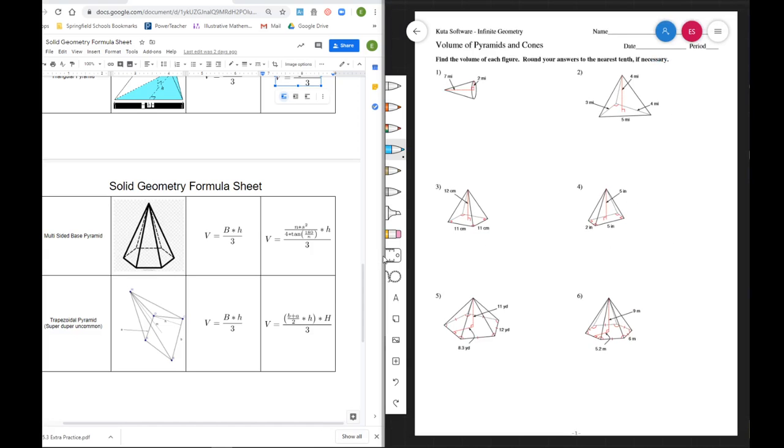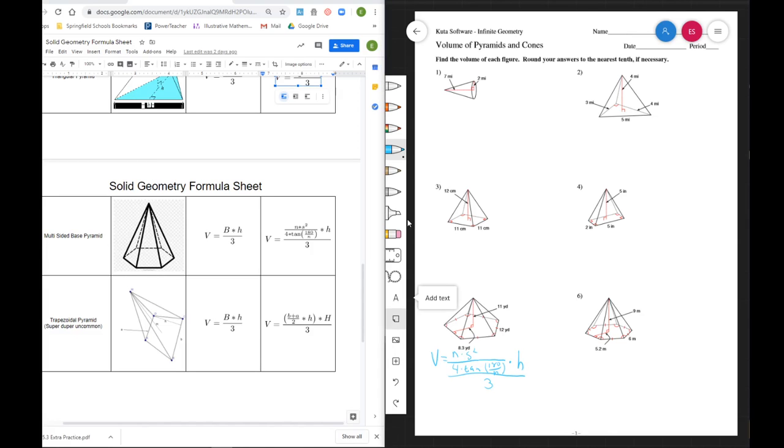So I'm just going to write it here. Volume equals n times s squared over 4 times tangent of 180 over n, that is times h, and whatever number we get there is divided by 3.